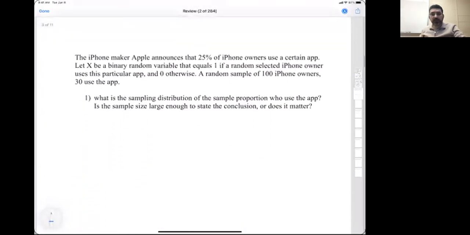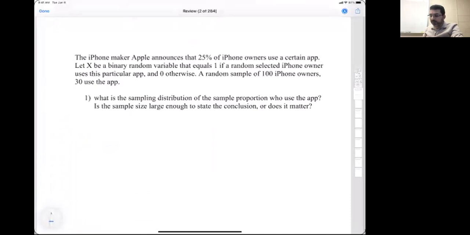Another question, this one about the sampling distribution for the sample proportion, the second statistic. Here we have the iPhone maker Apple announcing that 25% of iPhone owners use a certain app.